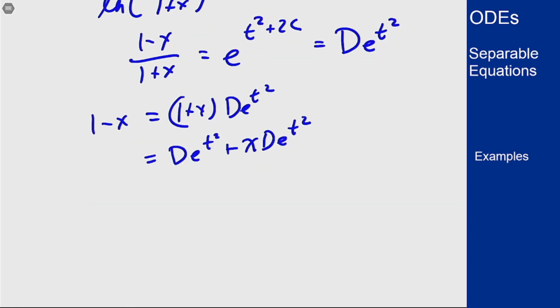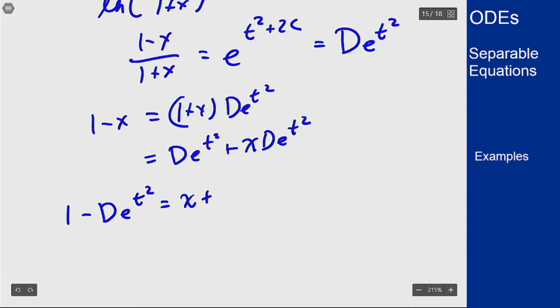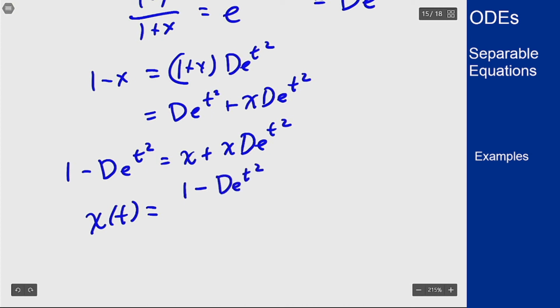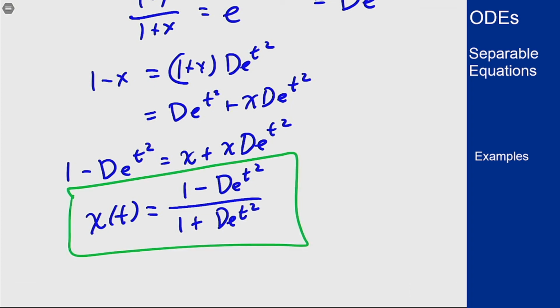Put the x's all on one side of the equation: 1 - d e^(t^2) = x + x d e^(t^2). Factor out the x and divide by what it multiplies. That gives me that x(t) = (1 - d e^(t^2))/(1 + d e^(t^2)). And that's what I get for my general solution.